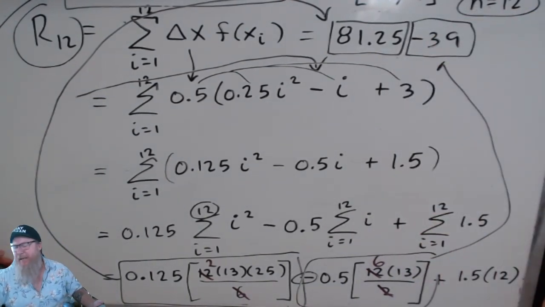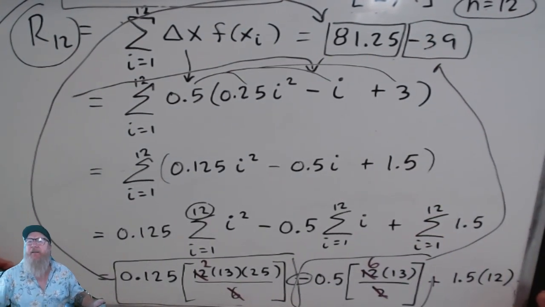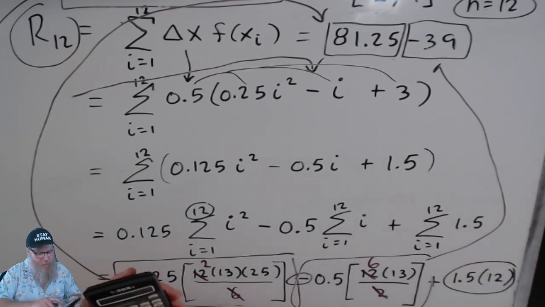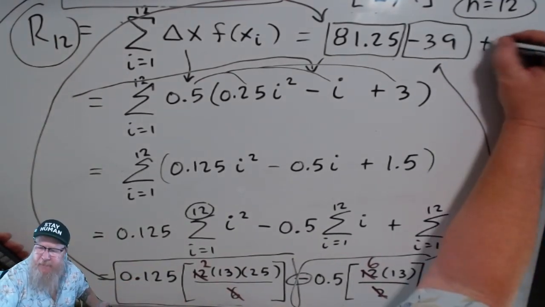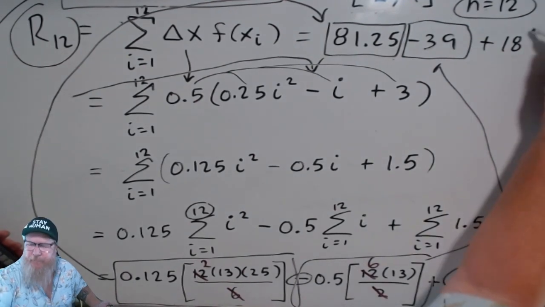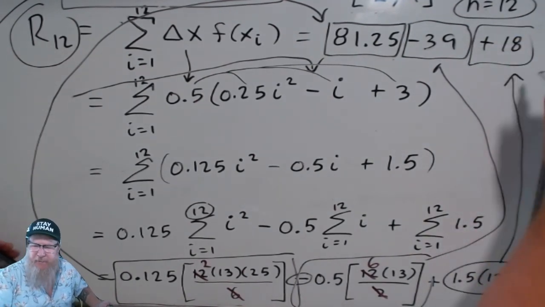So when I said you're adding, you could be subtracting too. And then 1.5 times 12 is 18. And that's this last constant here.